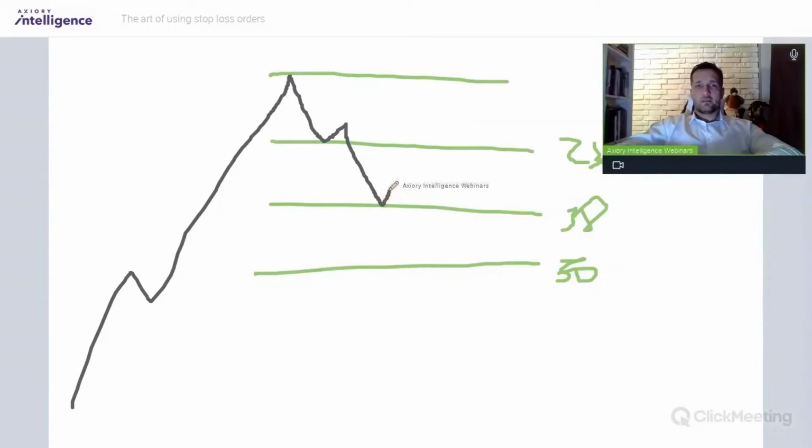We have a bounce. You buy here. Buy. Stop loss is below 38. Hopefully, the price continues the upswing. That's it. That's the Fibs.